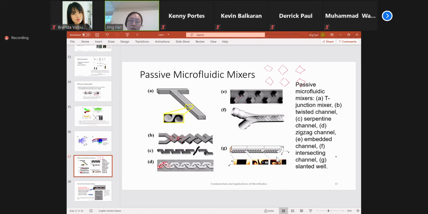So it's shown that the slanted well on the floor of the T-shaped channel can effectively generate off-axis transport of flow. So basically, not only along the channel axis, but also in the transverse directions.